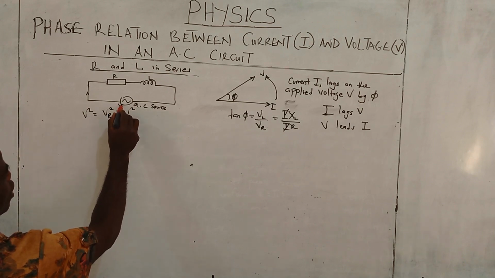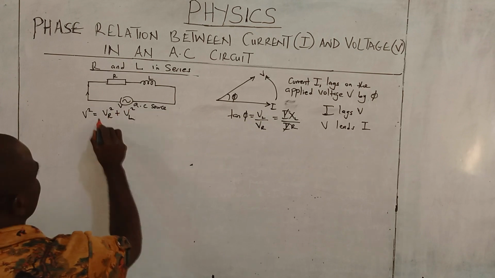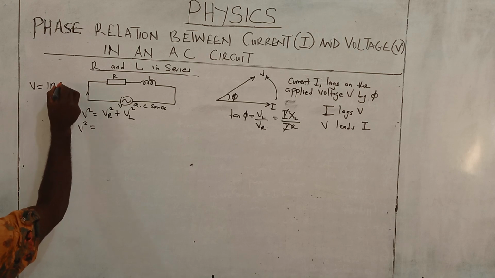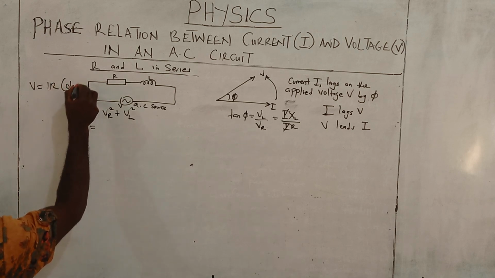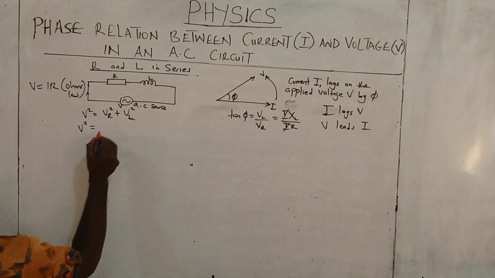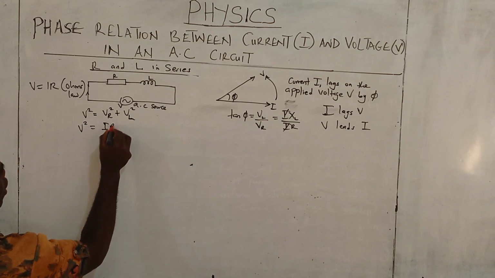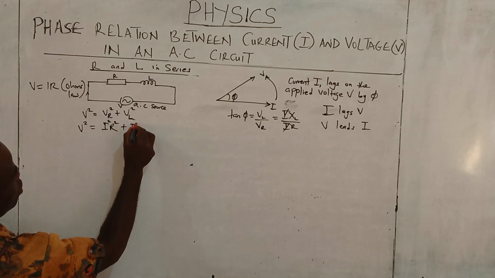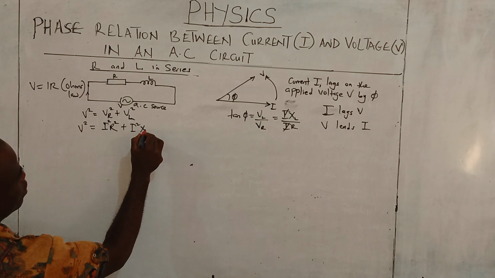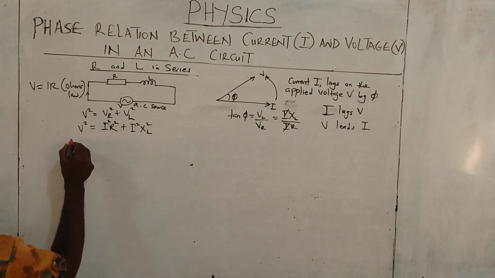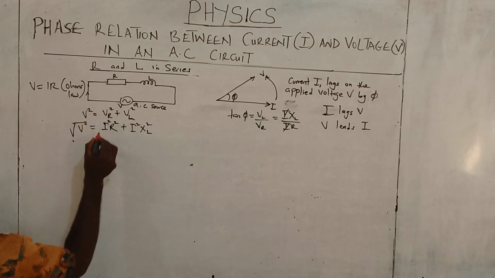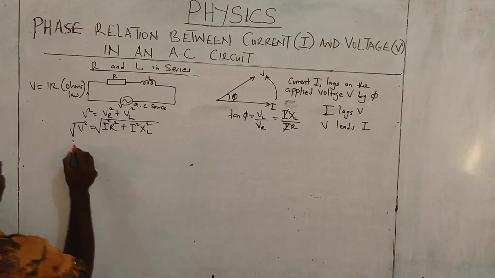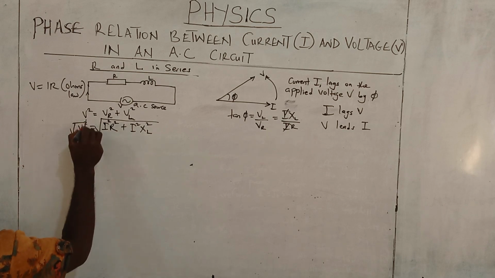The voltage V that comes from the AC source is equal to the square root of VR squared plus VL squared, where VR is given by Ohm's law. Now you have I squared R squared plus I squared XL squared, because you are squaring each of them. Now find the square root; because I is common, you bring it out, and the square root cancels the square.